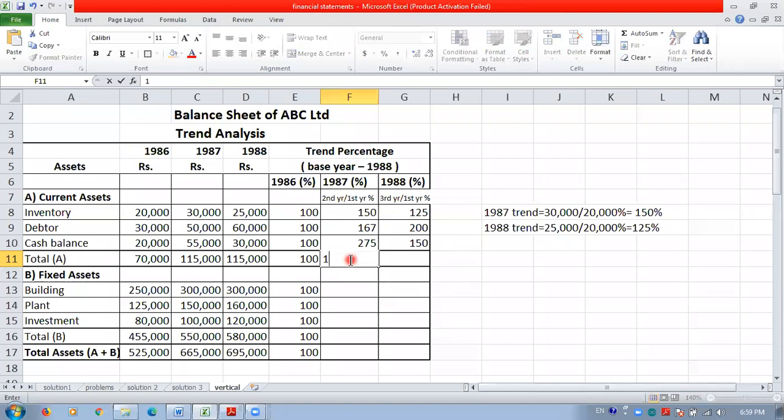So it is 164%. Again, in case of the third year, 1988, the same figures are there. So it is again 1,15,000 divided by 70,000 percentage.